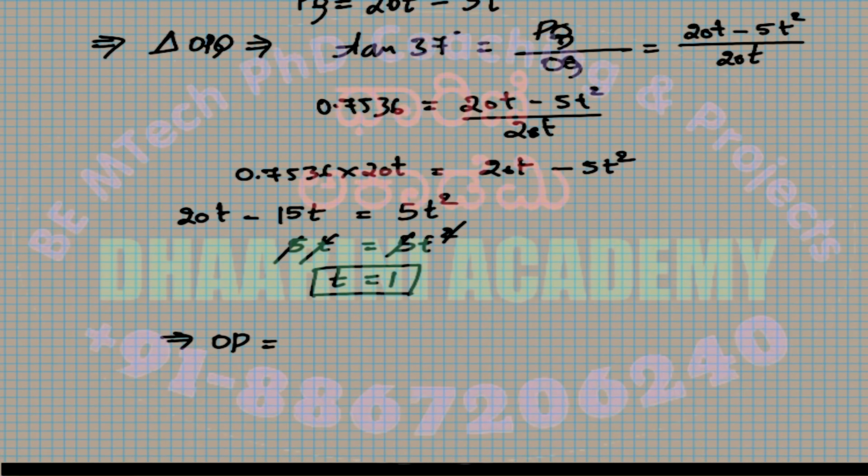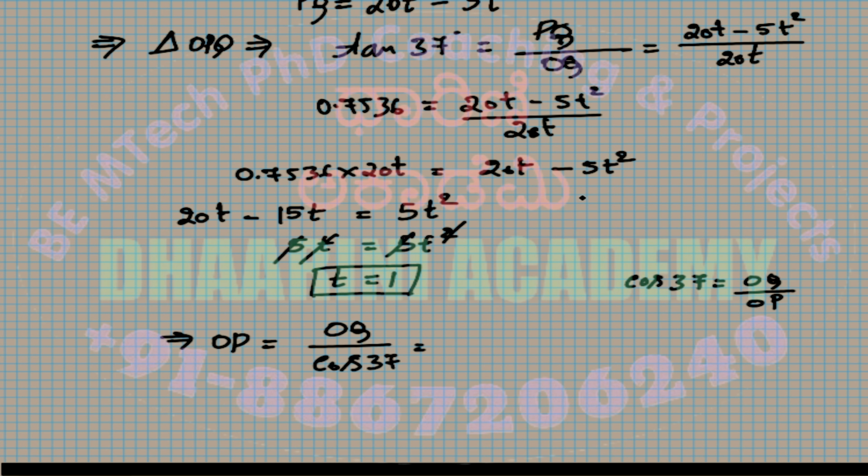Cos 37 is equal to OQ divided by OP. So OP is equal to OQ divided by cos 37.